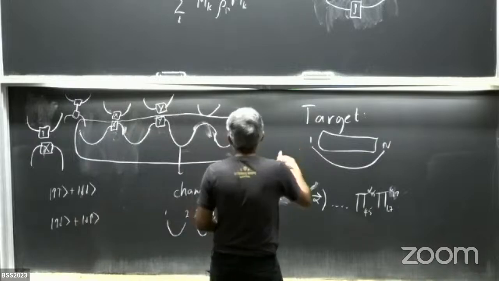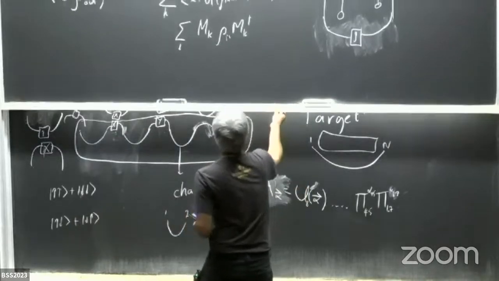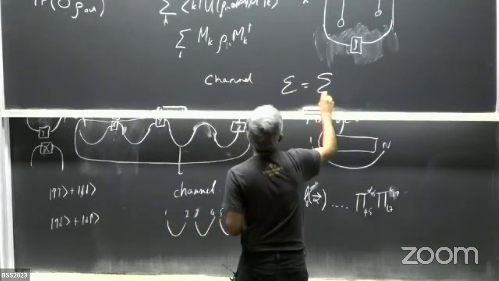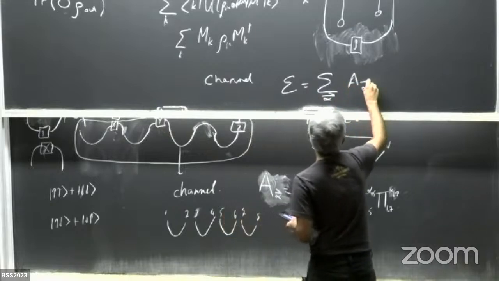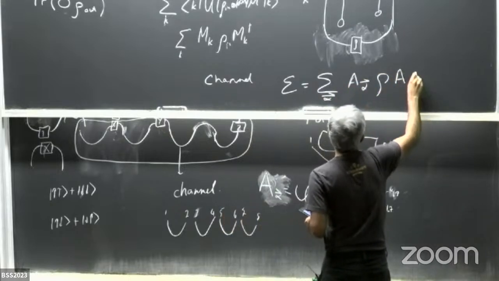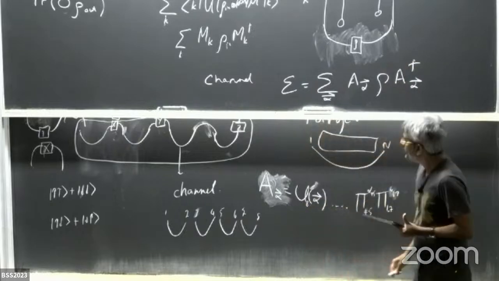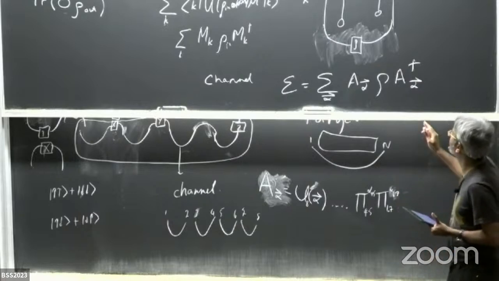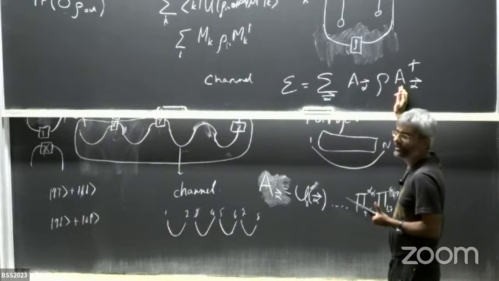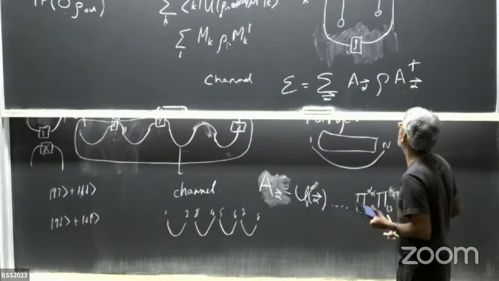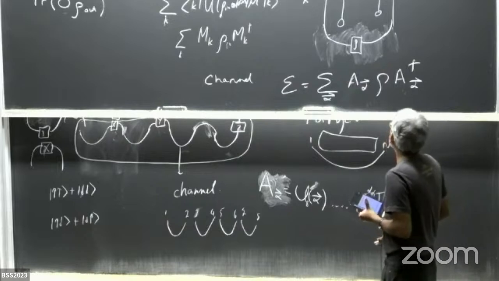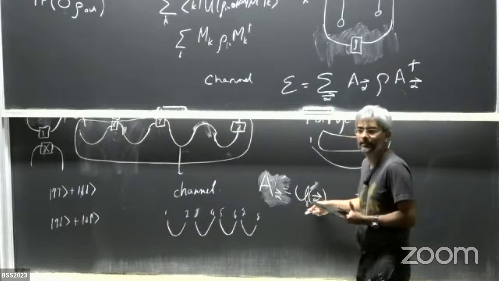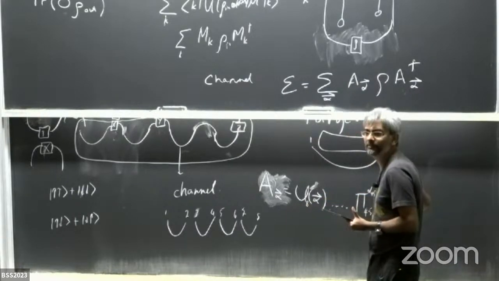Okay, and the channel here is... The key point I want to make is this is still most certainly a channel, but even though each alpha here is a product, and you might say, well, it just looks like a bunch of local stuff, it's not actually local because of the dependency of this final unitary on this entire series of measurement outcomes.